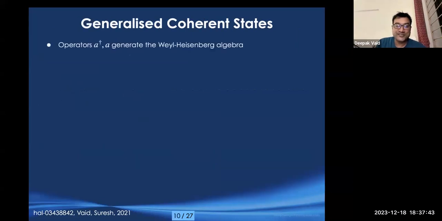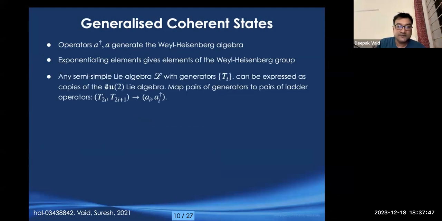So now we can take any Lie algebra and exponentiate it. Any semi-simple Lie algebra with generators can be written in terms of copies of SU2.